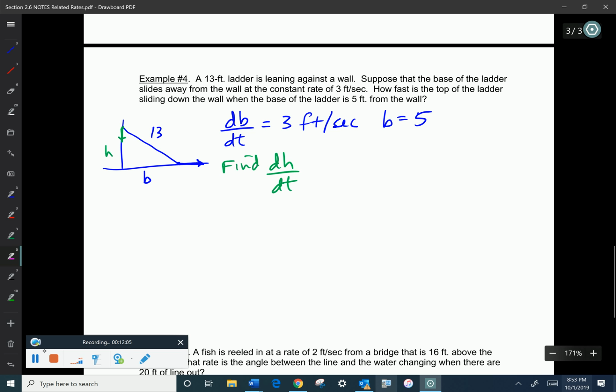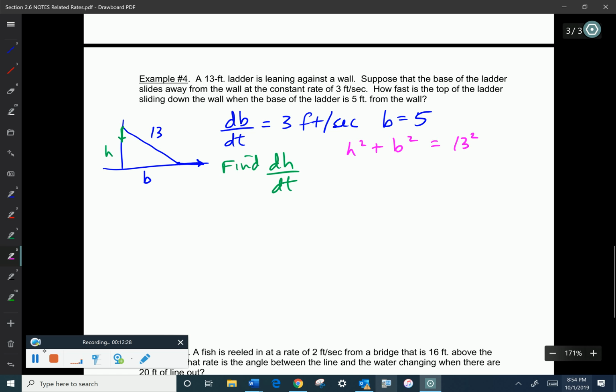So I'm going to use the Pythagorean theorem. So I'm going to say h squared plus b squared equals 13 squared. Now notice I used the 13 because that side was not changing, but I did not go ahead and plug in the 5 for b yet because b is changing, so I can't plug it in until after I take the derivative. Okay, so let's take the derivative.